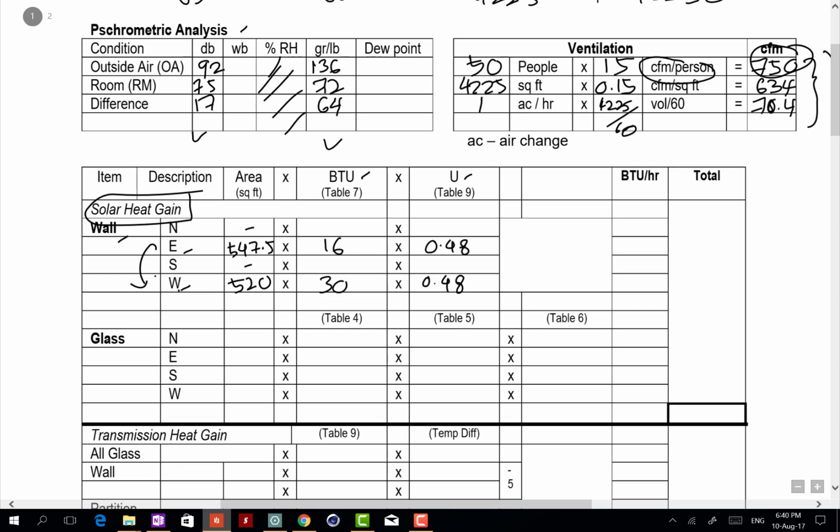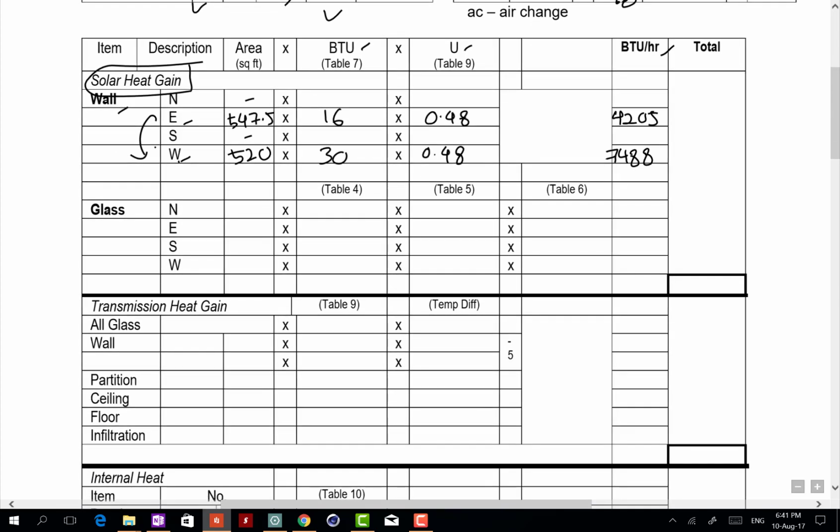And then you calculate the total BTU per hour. 547.5 multiply with 16 multiply with 0.48, you got 4205 BTU per hour. Another one is 7488 BTU per hour.